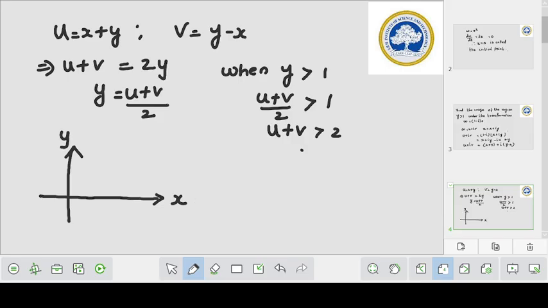As we already saw, the w plane consists of u and v, and the z plane has x and y. We are asked to find the region where y is greater than 1. So let us take this point as 1, and this is the line y equal to 1. So y greater than 1 means this is the portion.